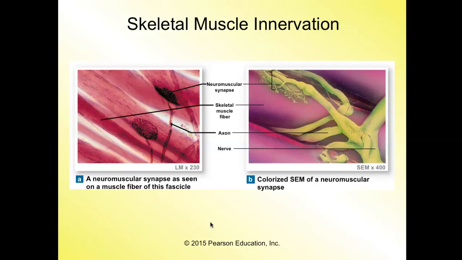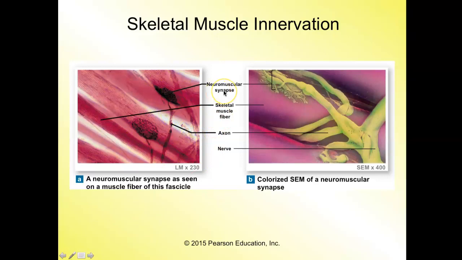So let's move on to the next topic here, which is going to be the motor unit. Before we do, just looking at these pictures, so this is that innervation. So we have the muscle fiber itself, and then we have these black, they look like little buttons, right? That's actually the synaptic terminal or axon terminal, and you can see that, so here's the axon coming in, right?